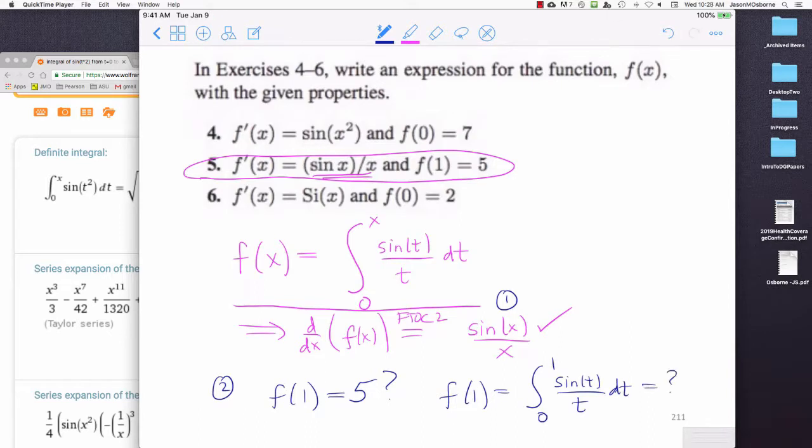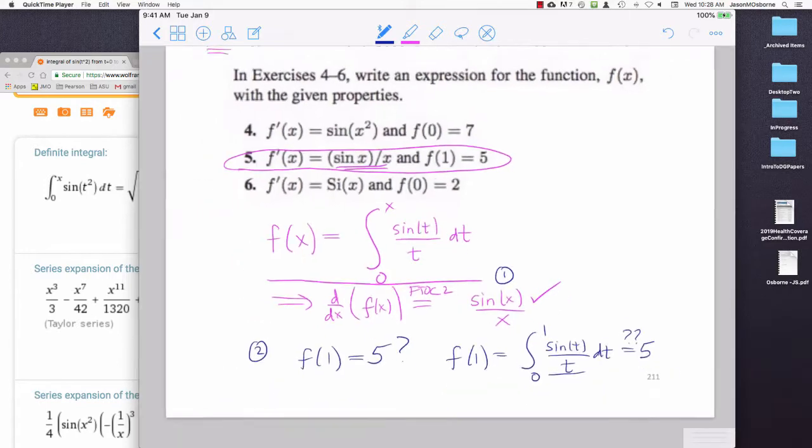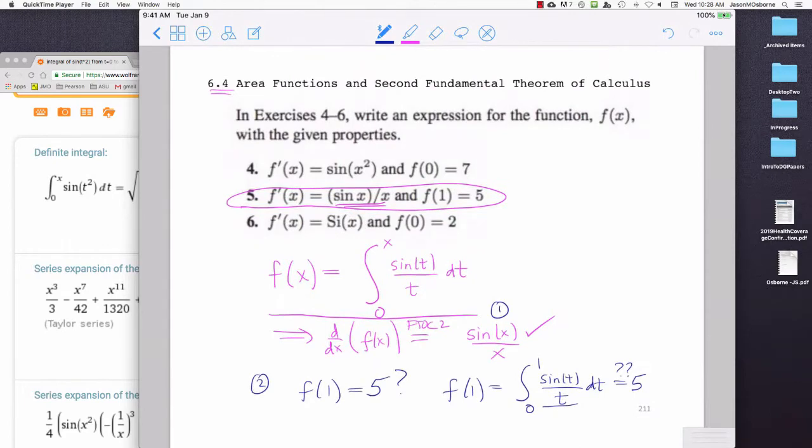Is that equal to 5? Ooh, I don't know about that. I really don't know. I'd have to graph sine of t over t and try to find the area under it from 0 to 1. Okay? I doubt that the answer will come out to be 5.